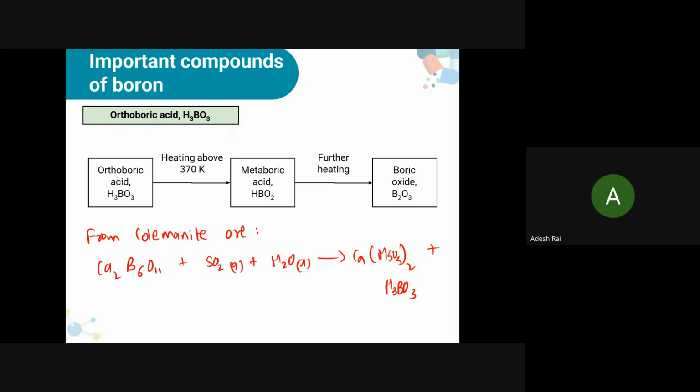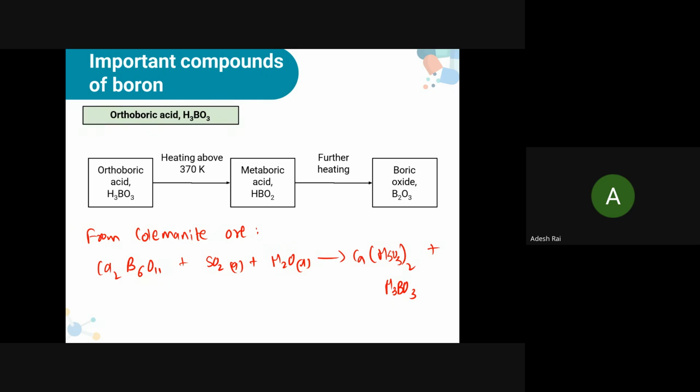Now, this is the heating effect. When you heat boric acid at almost 370 Kelvin, almost 100 degrees, what will happen? The water molecule will be gone. When any acid loses a water molecule, it becomes a meta acid.